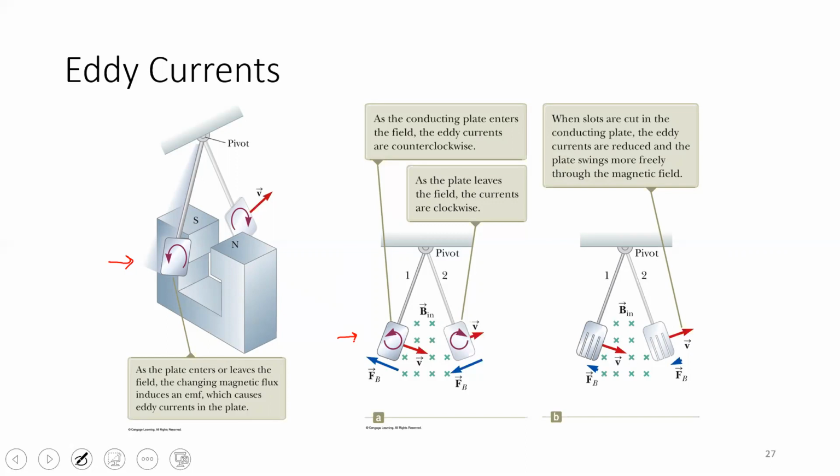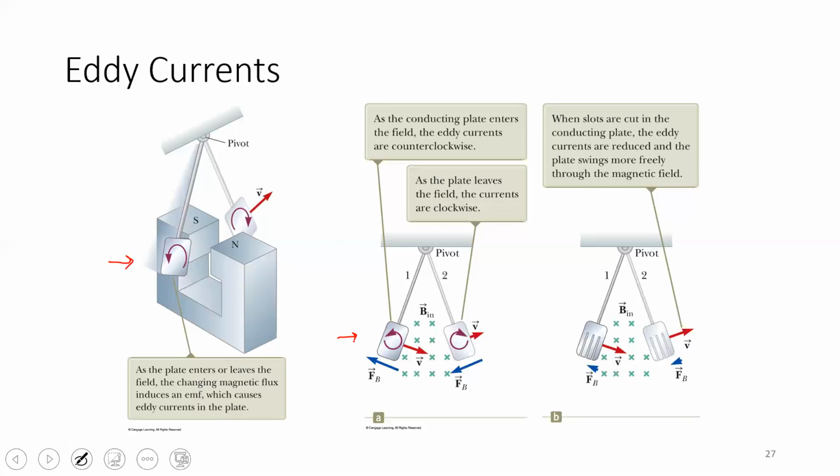When this plate enters or leaves the magnetic field, we dissipate energy through these eddy currents to slow the plate to a stop. Sometimes these are desirable. Eddy currents are used in braking for various items to get them to stop more quickly. But sometimes they're not desirable.